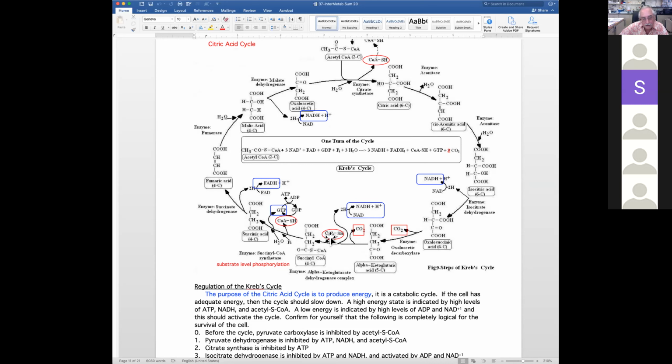I guess it's needed for this enzyme right here to be able to bind it. So then you're making substrate level phosphorylation, not using ADP, but using GDP. So the immediate product of this enzyme is GTP. And a subsequent enzyme turns GTP into ATP. So with all that, you end up with succinate.